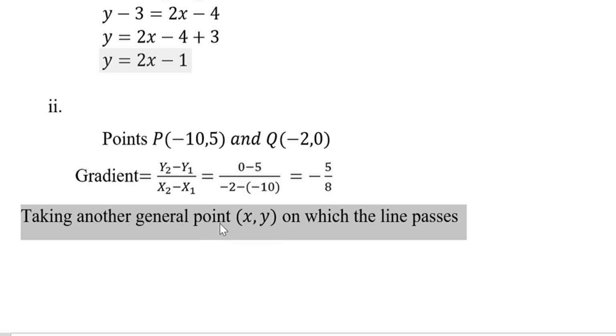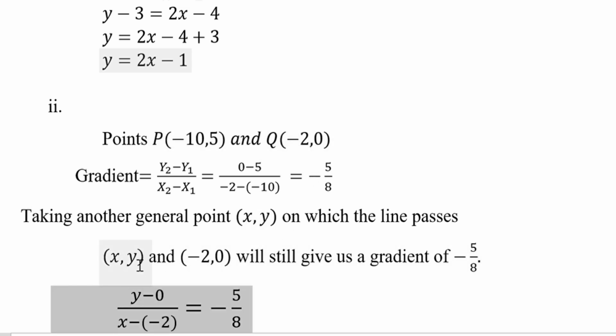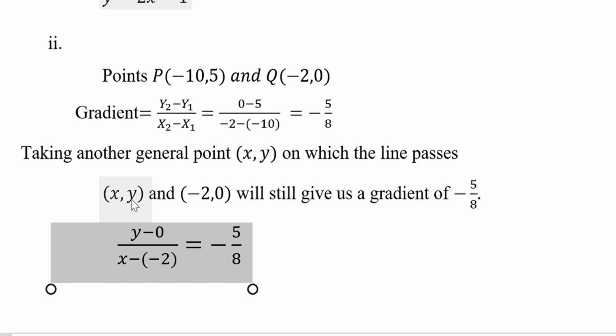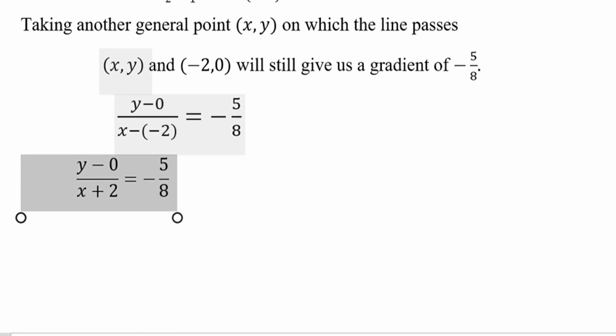So we shall have, if we take this point and this one here, we shall say this y coordinate, minus the y coordinate here, which is 0, over the x coordinate here, which is x, minus the x coordinate here, which is negative 2, will still give us negative 5 over 8. Now, minus negative 2 simplifies to positive 2. So we shall have y minus 0 over x plus 2 is equal to negative 5 over 8.